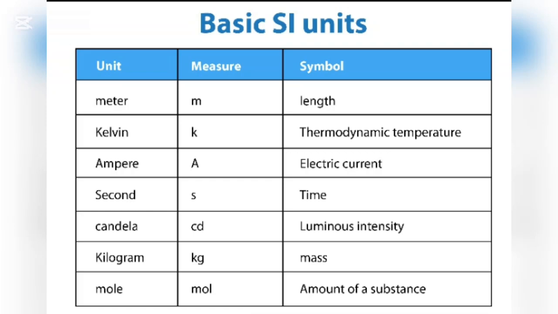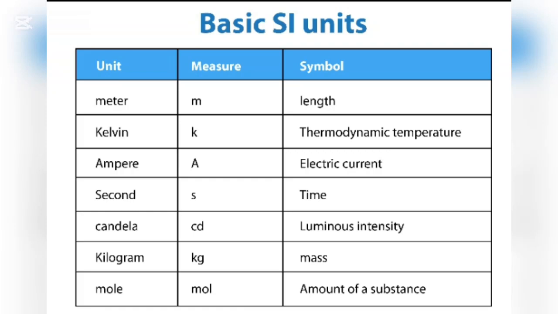We have length. The unit of length is meters and the abbreviation is small letter m. The unit of mass is kilogram and the abbreviation is big letter K with small letter g. Then we have time in seconds, small letter s.